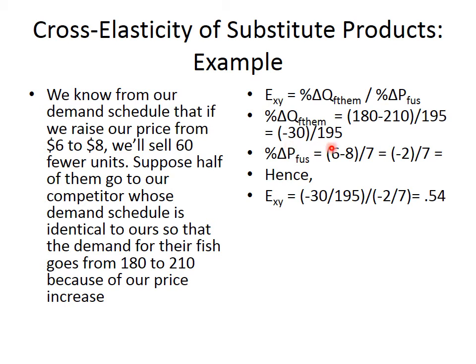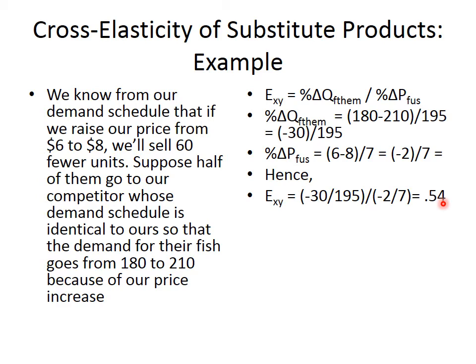We'll end up with negative 30 over 195. For our fish, our price, we're going from $6 to $8. Well, that'll be a negative number. 6 minus 8 is negative 2. We'll divide that by the midpoint of 7. And so hence, we'll end up with an overall cross elasticity of 0.54.